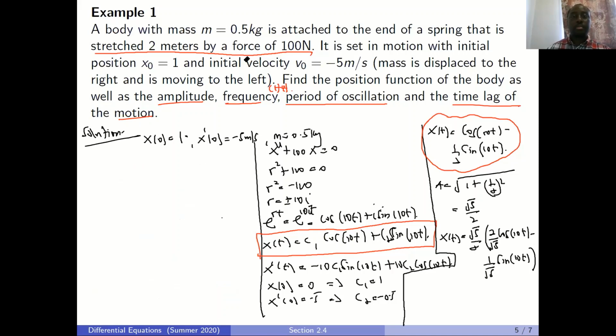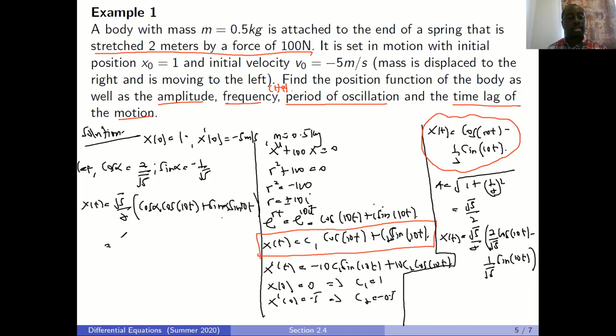All right, so if we let the cosine of alpha be 2 over the square root of 5 and the sine of alpha be minus 1 over square root of 5, then we have that our x of t is square root of 5 over 2 times cosine of alpha, cosine of 10t, plus sine of alpha, sine of 10t.